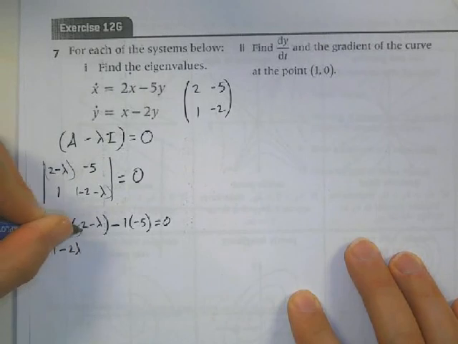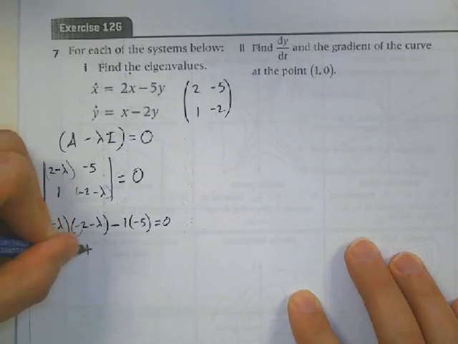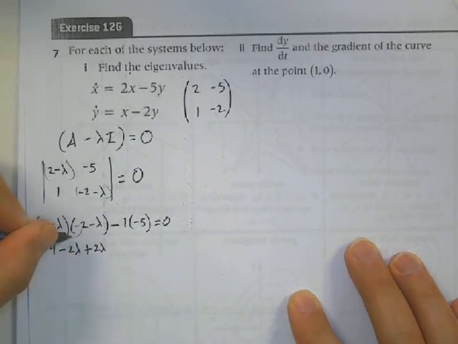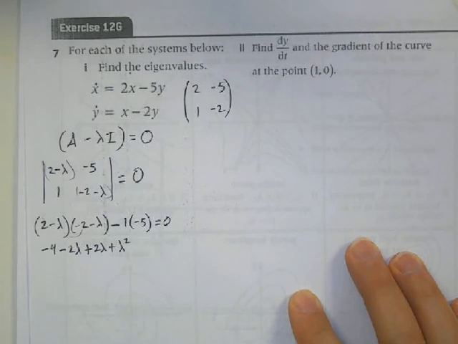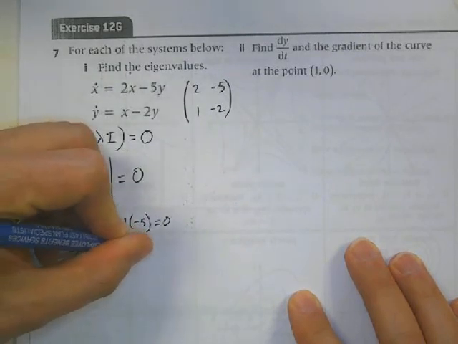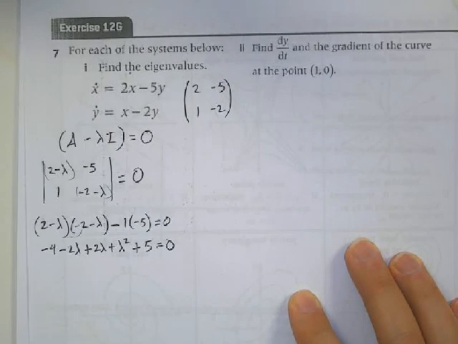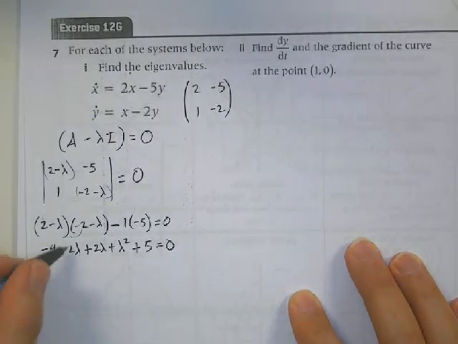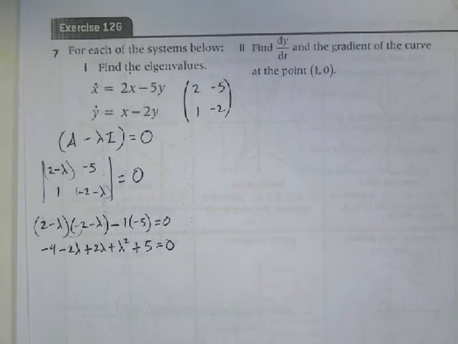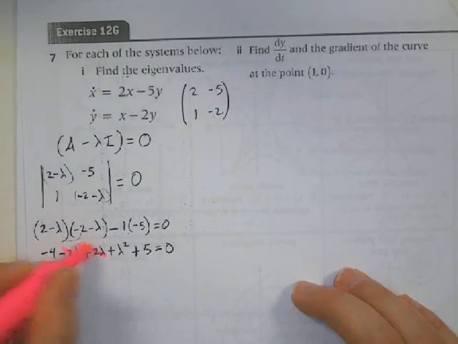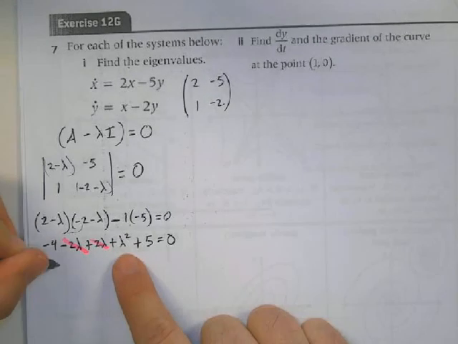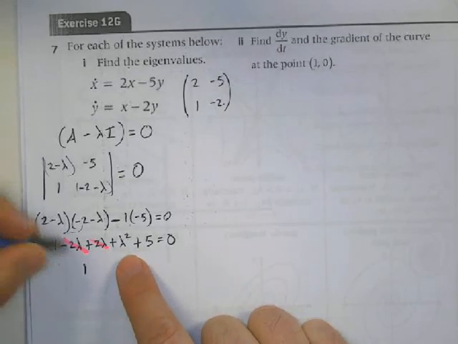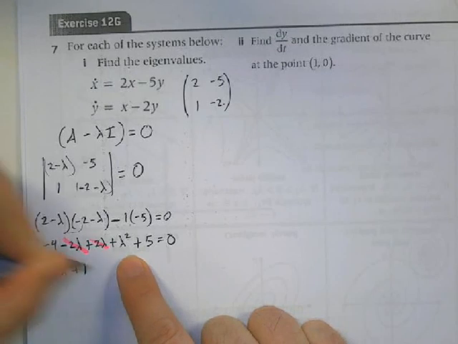Negative lambda times -2 gives me positive 2 lambda, and negative lambda times negative lambda gives me plus lambda squared. And -1 times -5 gives me plus 5 equals 0. Combine my like terms. These cancel out. And then I've got -4 and +5. That's going to give me 1. And so we've got lambda squared plus 1 equals 0.